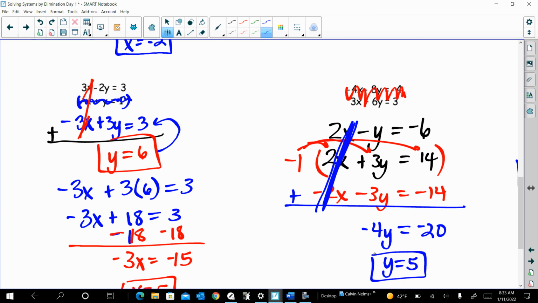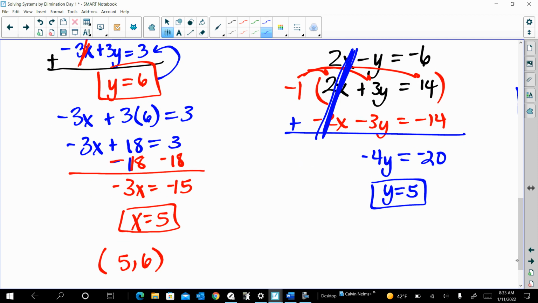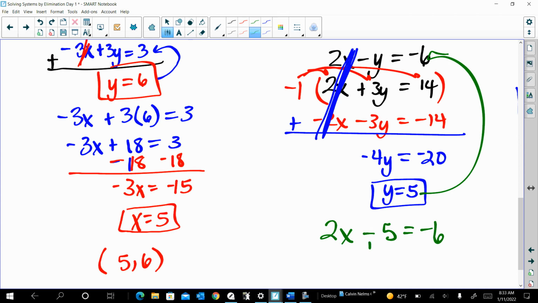Remember, you're adding, so if they're the same sign, you just add them together and keep the sign. All right, we need to plug this back in. Which one do you want to plug it back into? The first one. So we're going back to the top one right here. So this is 2x minus 5 equals negative 6. So when you add 5 on both sides, 2x equals negative 1.